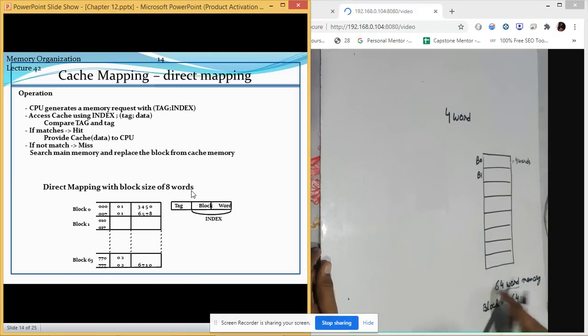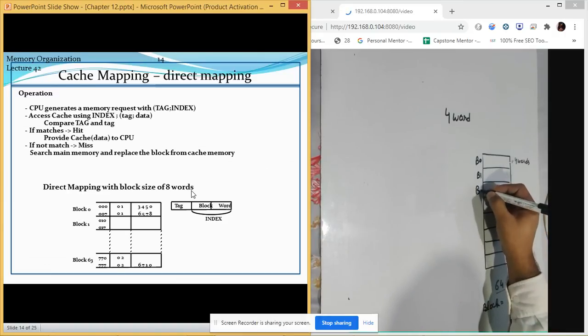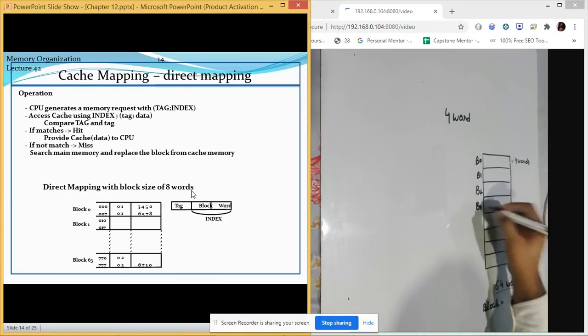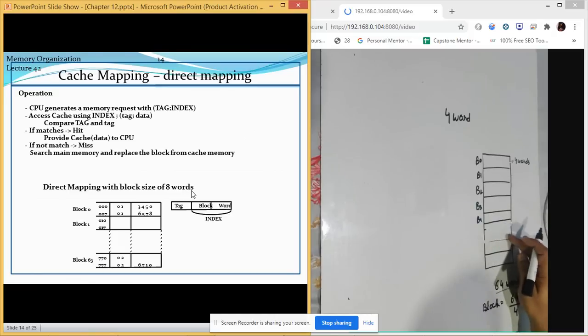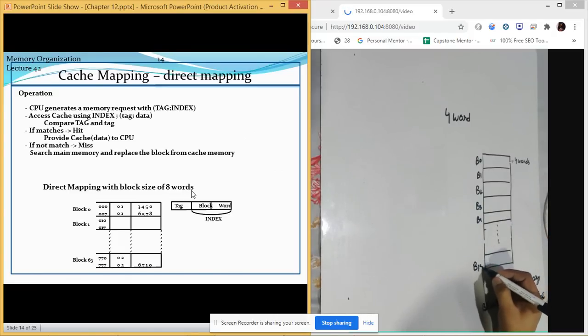So 64 divided by 4 gives us 16 blocks, which means inside our memory we will have 16 blocks in total. So I will just write it like this: b2, b3, b4. Then after b4, instead of marking everything, we can simply put dots, and this will be b15.